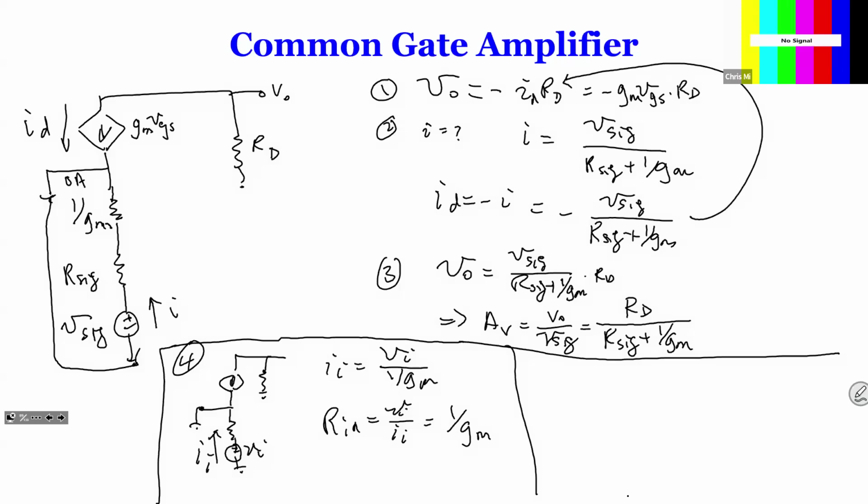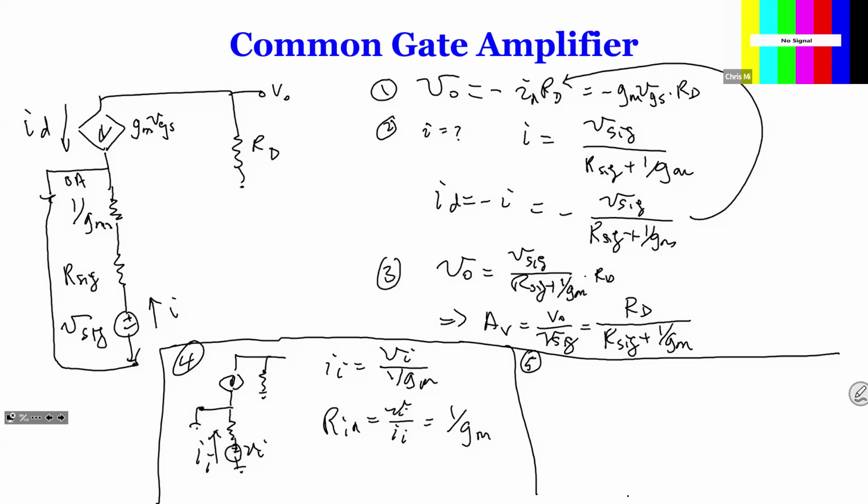So now the next step, we're going to look at output resistance. To find the output resistance, what we're going to do is apply a voltage at the output and find the current.